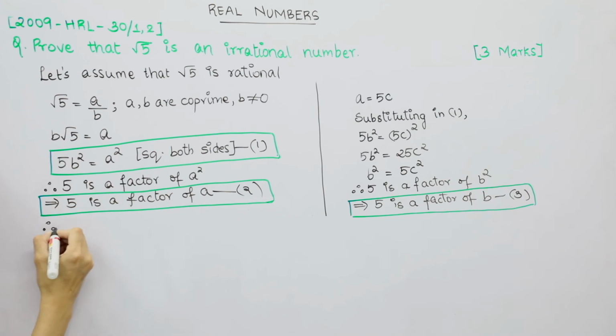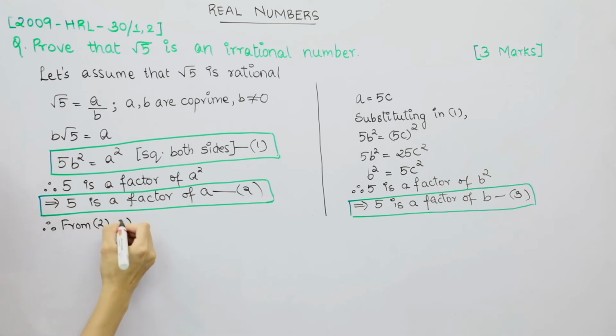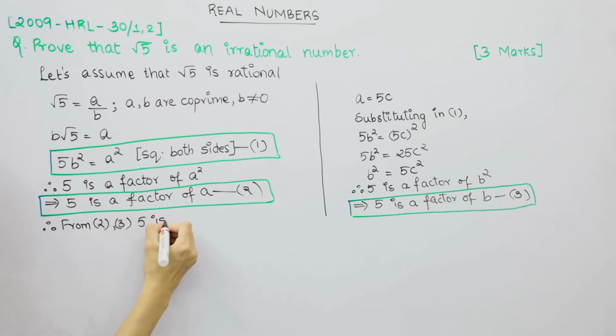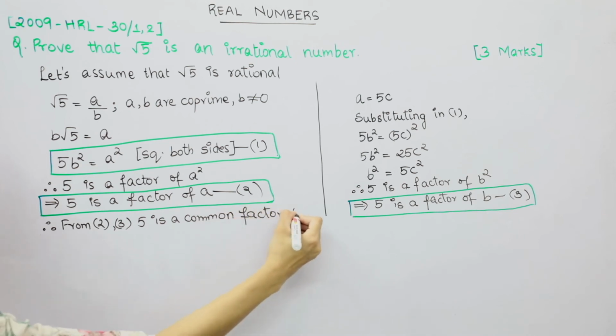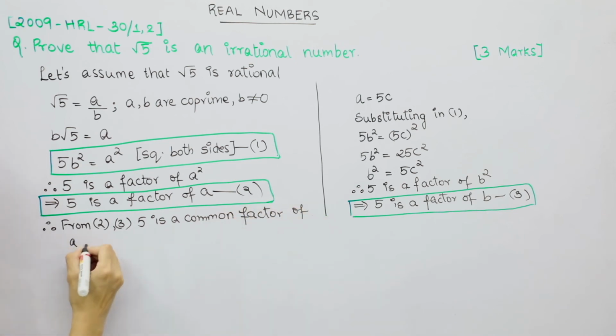Therefore, from 2 and 3, 5 is a common factor of a and b. But we assumed initially that a and b are co-prime, which means they cannot have any common factors. So we've arrived at a contradiction here.